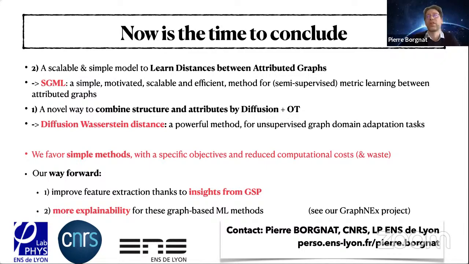Yevgen Redko has worked on that at Saint-Etienne a few years back. So yes, you can see it as moving something to another one, doing the minimal cost. The idea of this diffusion Wasserstein was really to say you need to encode both attributes and topology, and here it's done by diffusion.